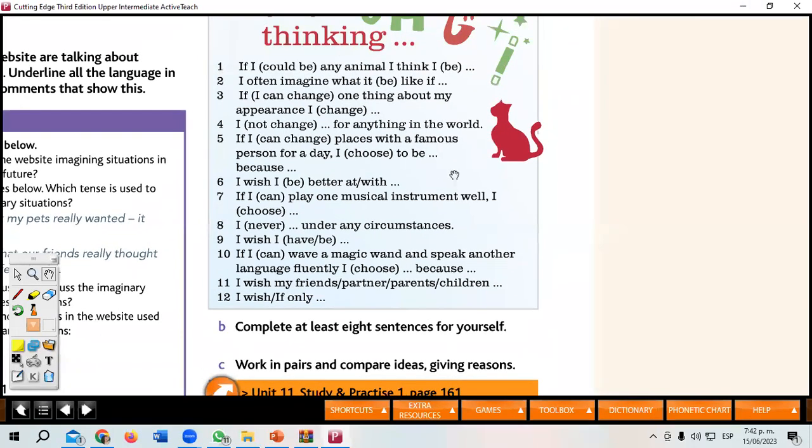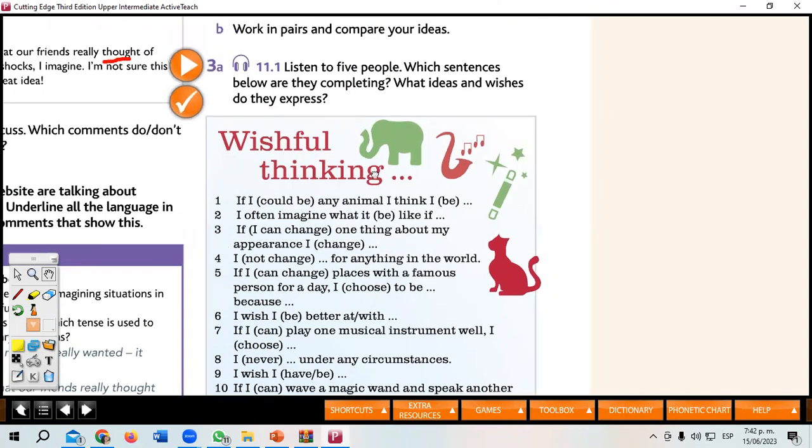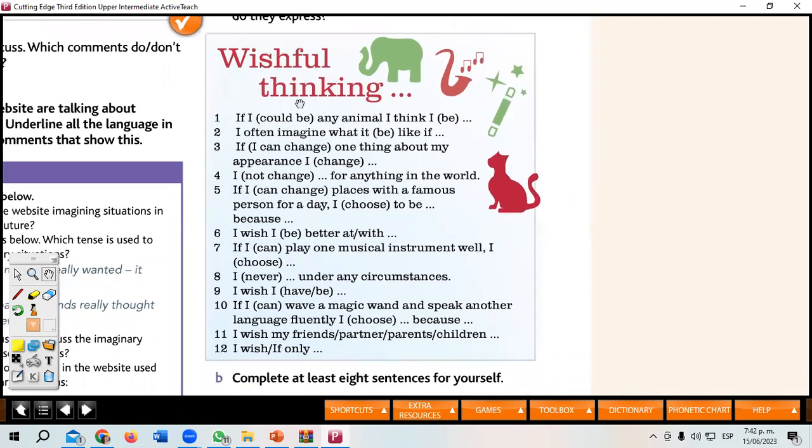Okay, listen guys, so I'm going to give you a little bit of homework that we're going to check tomorrow in our class. So here we have wishful thinking, like pensar en positivo.